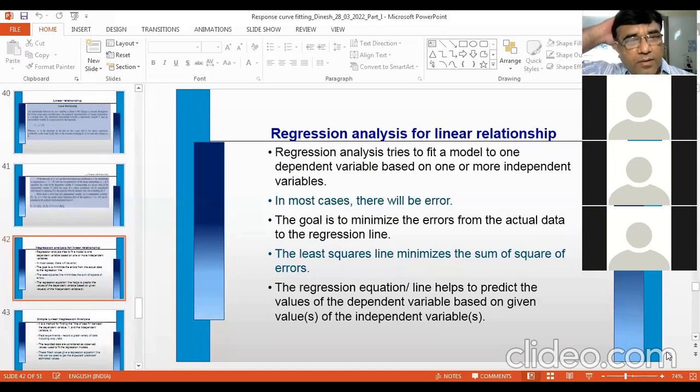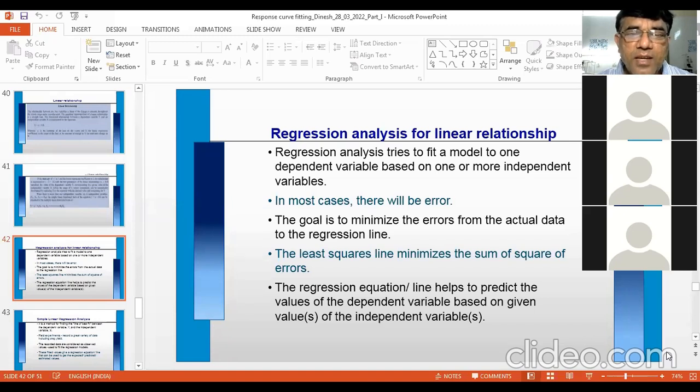Now, we go into the details of regression analysis for linear relationship. Regression analysis tries to fit a model to one dependent variable based on one or more independent variables. In most cases, there will be error. Error is equivalent to your residuals. The goal is to minimize the errors from the actual data to the regression line.